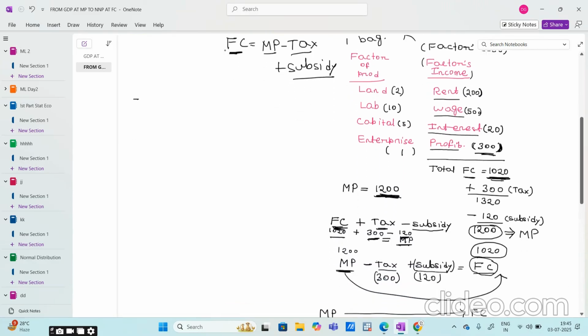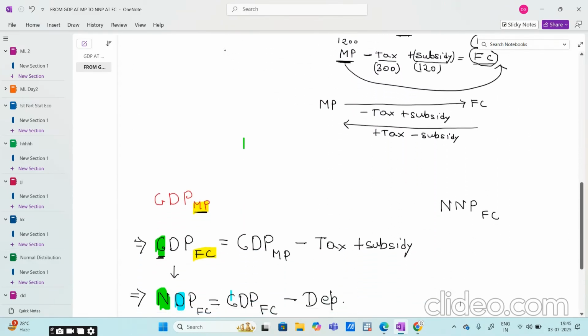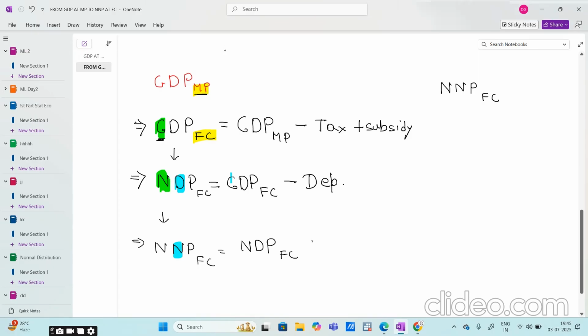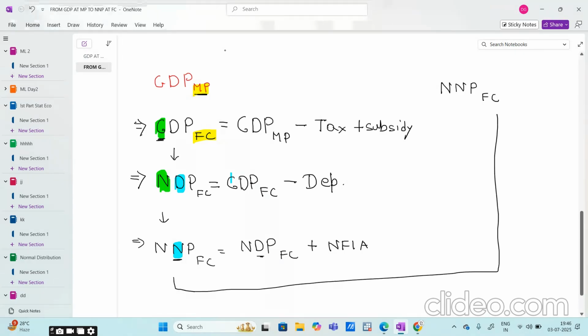So we do the same thing, we add net factor income from abroad, and by adding this, domestic turns into national, and this net national product at factor cost is nothing but our national income.